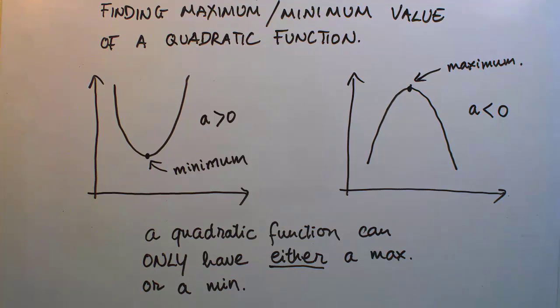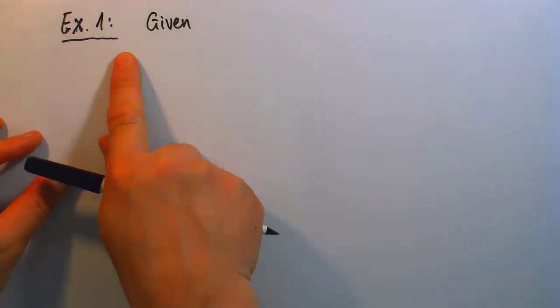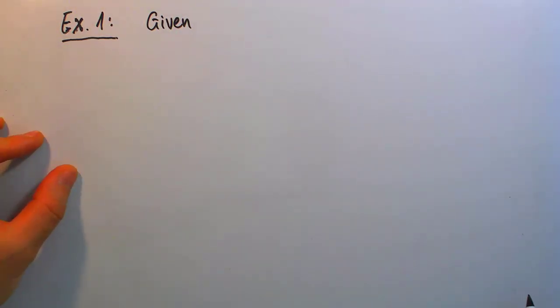We can never have a quadratic that has both a maximum value and a minimum value at the same time.